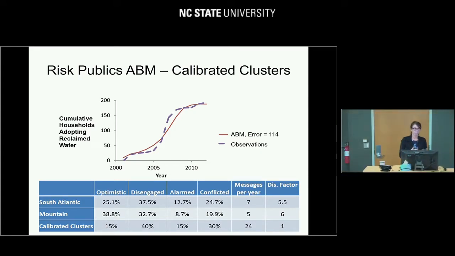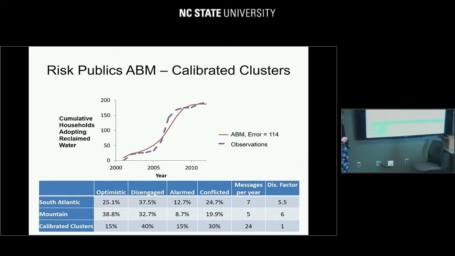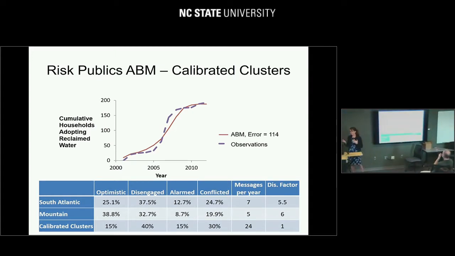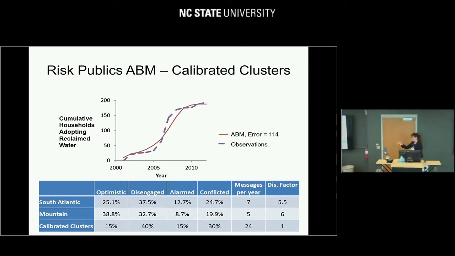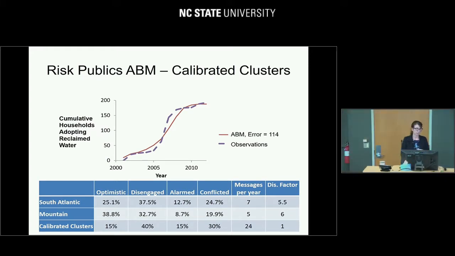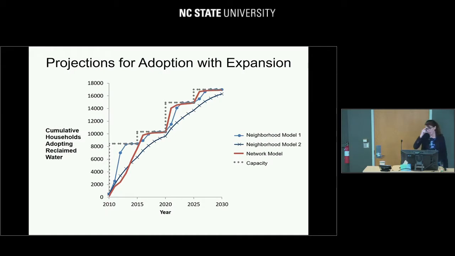They're communicating quite frequently, 24 messages per year, and they're pretty much equally weighting messages from outside the cluster with messages from within their cluster. So again, these are three different pathways to similar models. What actually happened, again, we won't know. But this helps us to understand, okay, how can we start to project forward? And that's really where we want to go with this.